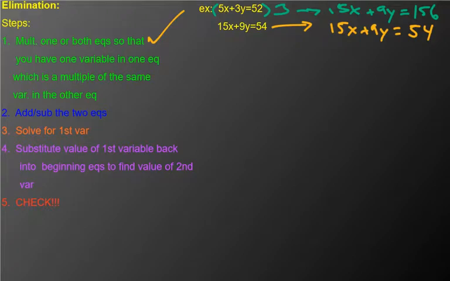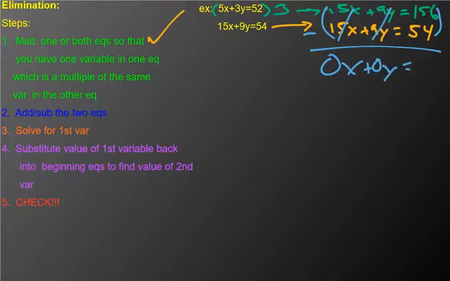In this case, you do subtract, but that is not something you always do. If I subtract these, that goes to 0, that goes to 0, and this goes to 102. So this is saying basically 0 equals 102. So, check.